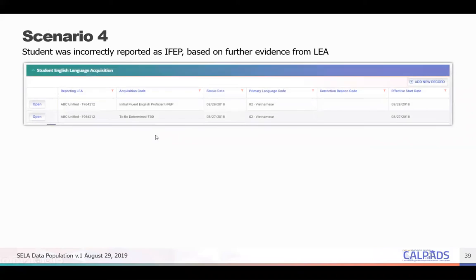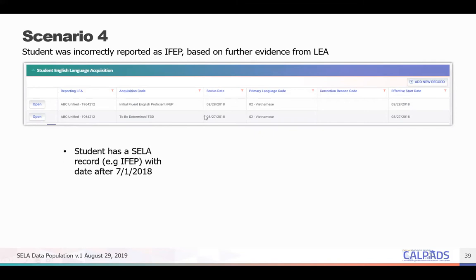Now for scenario 4, we have the same student with the same ELAS history. So you have the IFEP and a TBD, and it turns out the student should have been an EO, English only. He should not have been tested, but then he was tested, and now they want that status in CalPADS changed to an EO, or at least have an EO status as the current status.